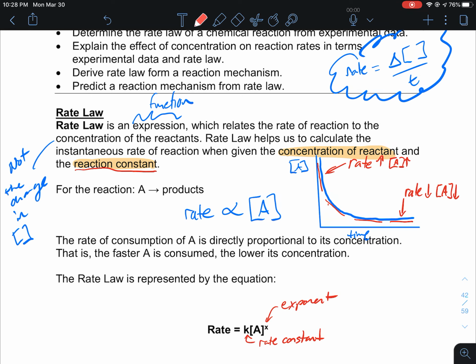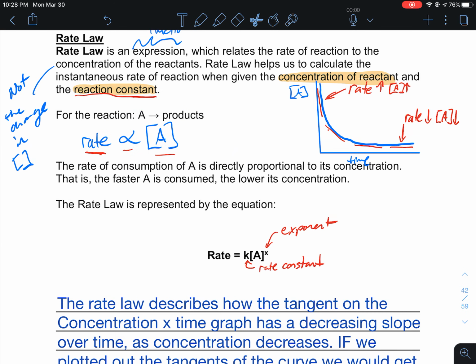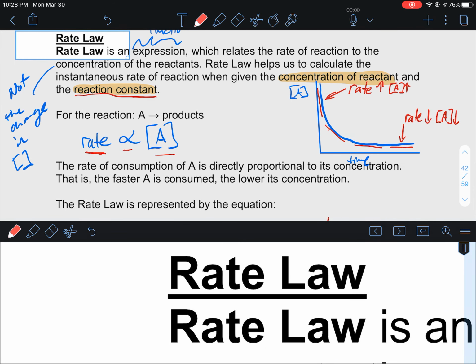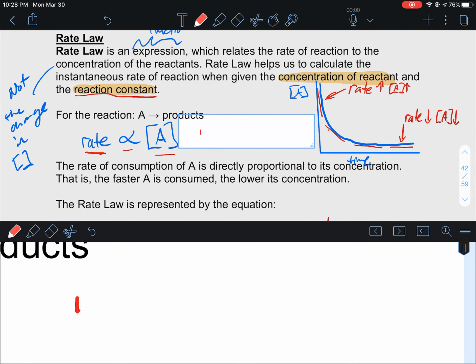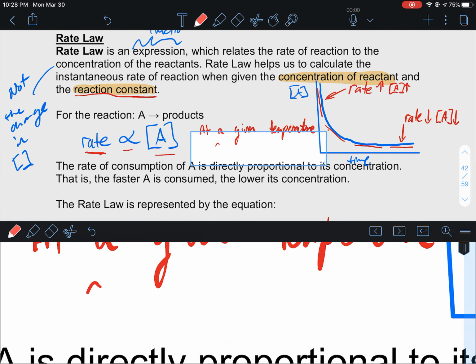So we know already that rate is essentially proportional to a concentration at a given temperature and pressure. I should probably put a little caveat here that this is only true at a given temperature and pressure.